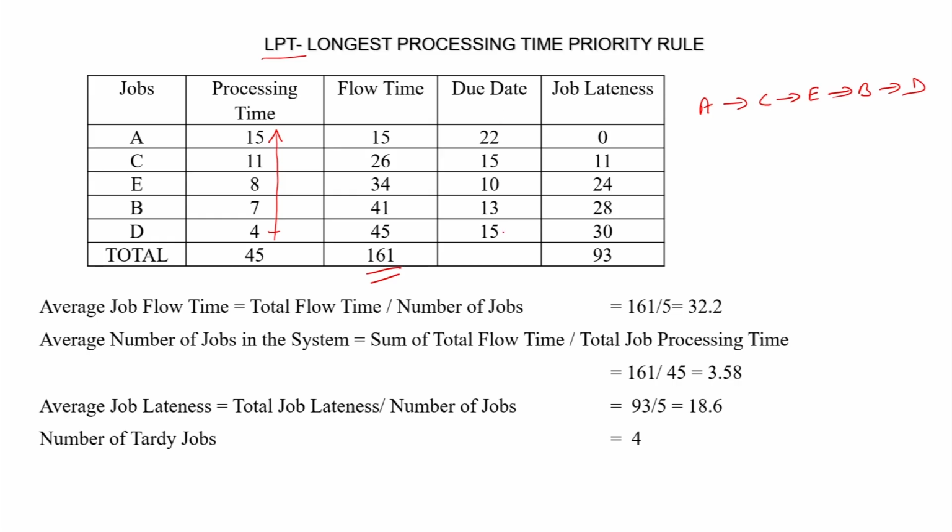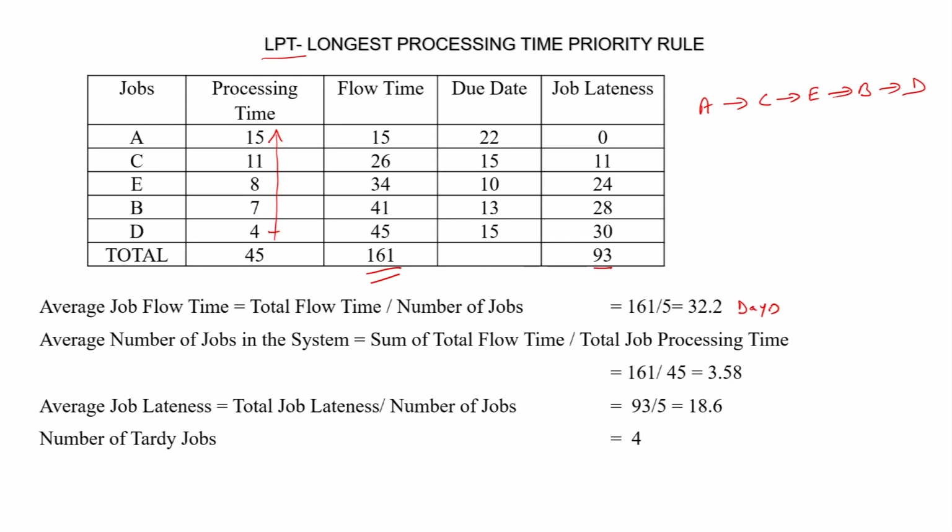Due dates are given here, so we can calculate the job lateness also, and in the same manner job 1 is not late, job 2 is late by 11 days, 3, that means E, is late by 24 days, B is late by 28 days, and D is late by 30 days, and total is 93 days. From this, again let us calculate the performance. Average job flow time is 32.2 days.